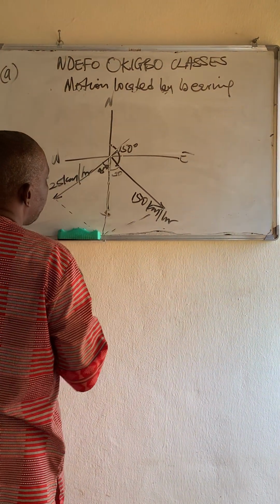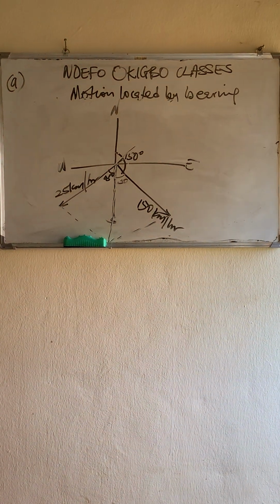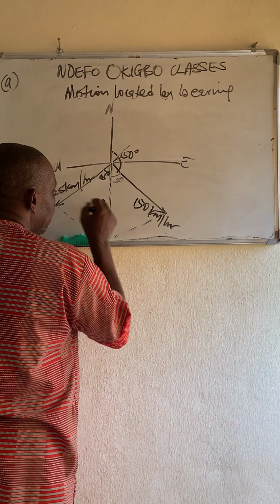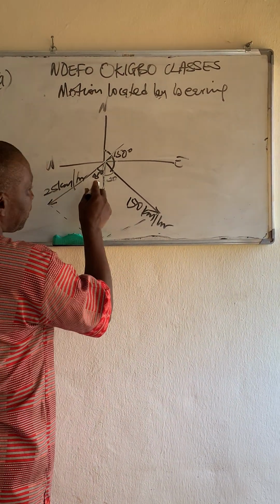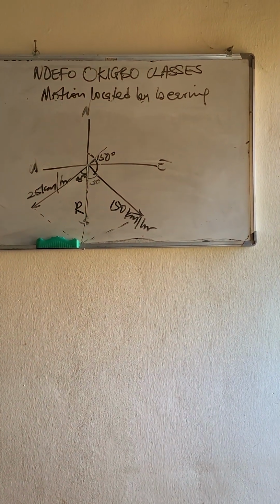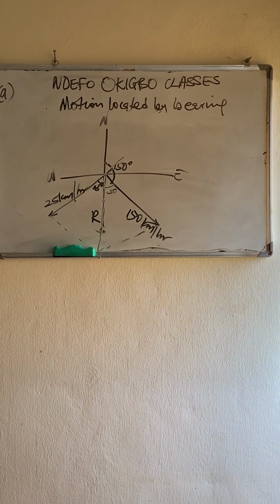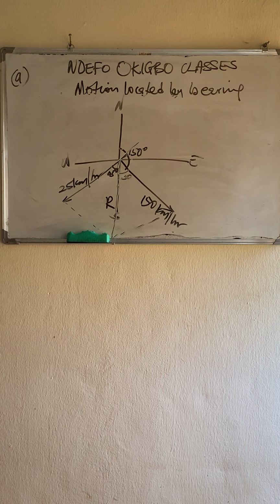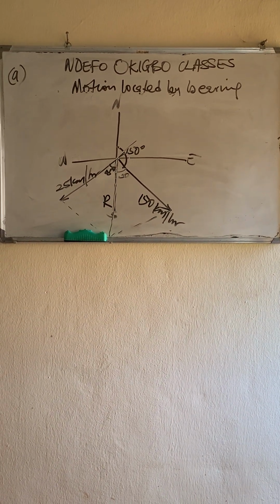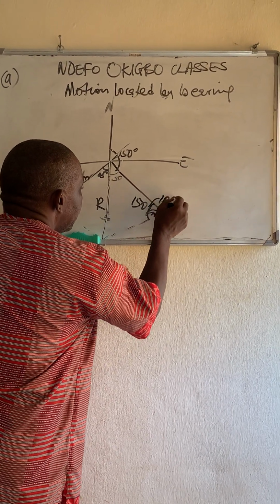That means the two of them make 75 degrees. Look at the resultant here. 180 minus 75 is 105 degrees.